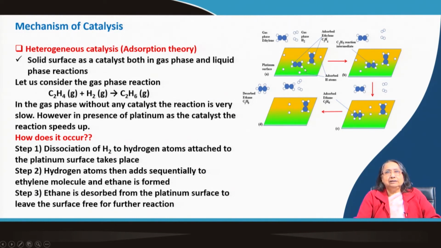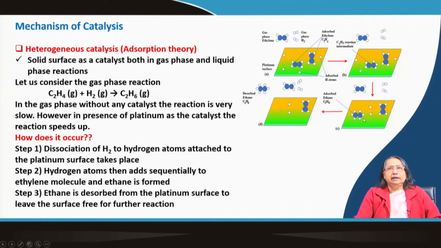First, hydrogen and ethylene are both adsorbed on the platinum surface. Then hydrogen atoms are produced, and stepwise addition happens. Finally, the ethane molecule goes out; the reaction goes on here, but finally it is dissolved from the surface of the catalyst.